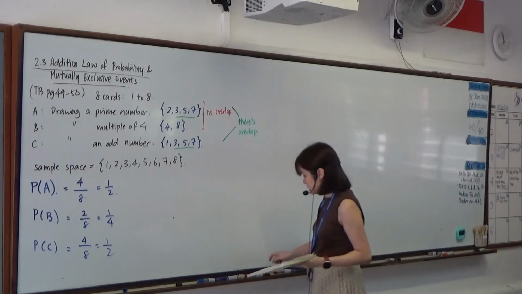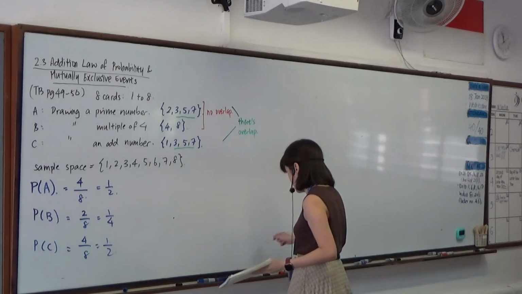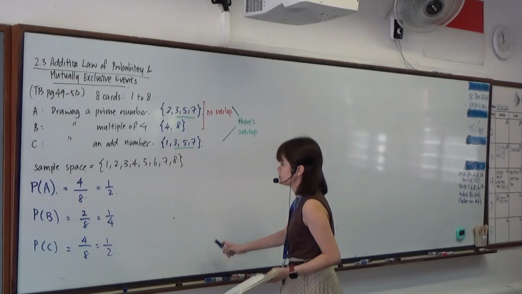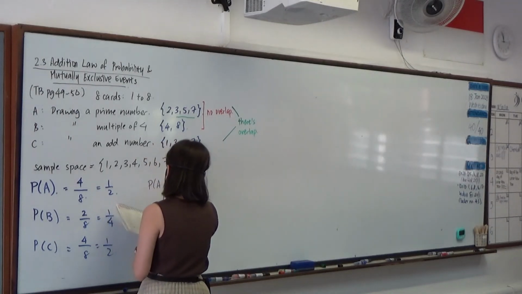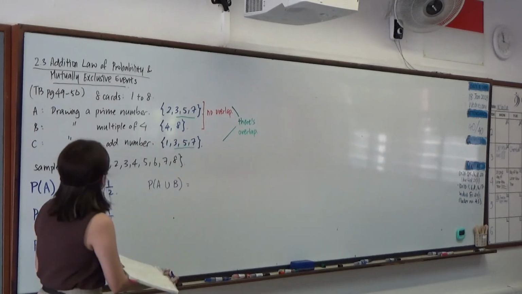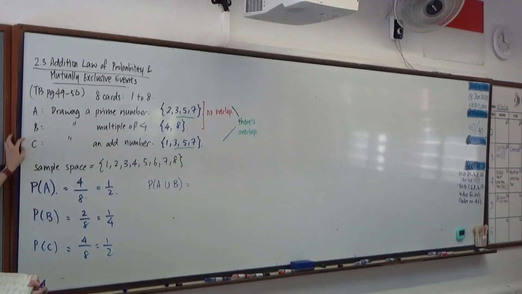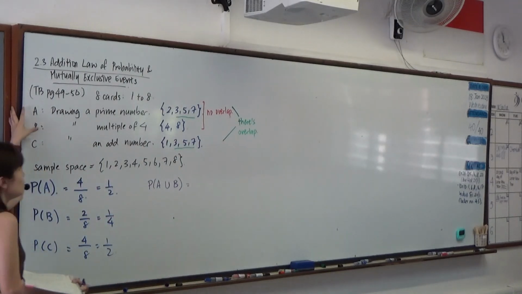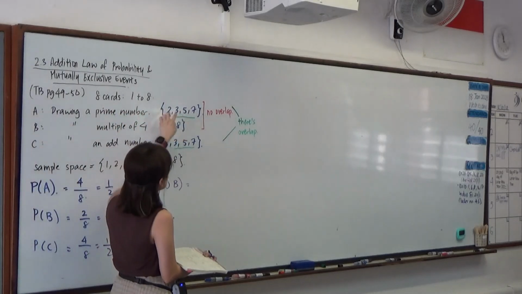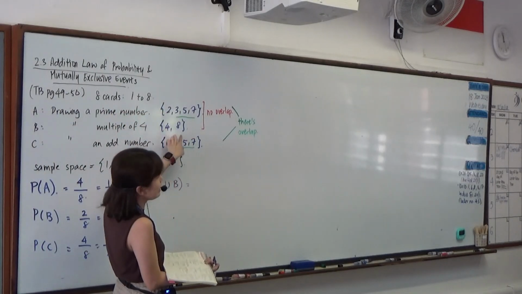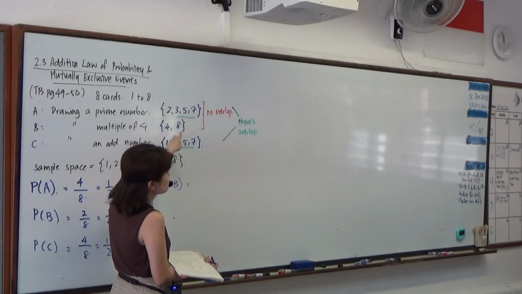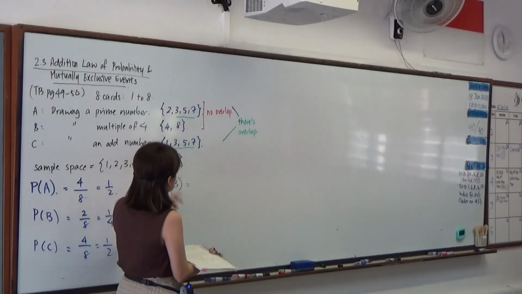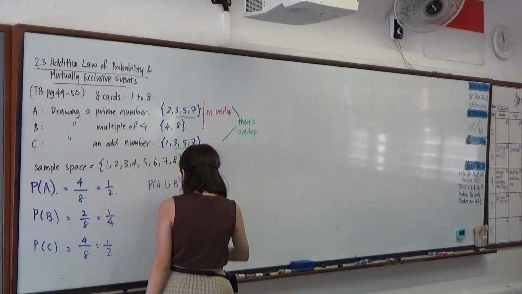Okay, so let's take a look at when we have A union B. We have just learned our set notation, right? So A union B will mean that it's all these elements together. So 2, 3, 5, 7, and 4 and 8. There's no overlap in the elements at all. So there's a total of 6 favorable outcomes out of 8.